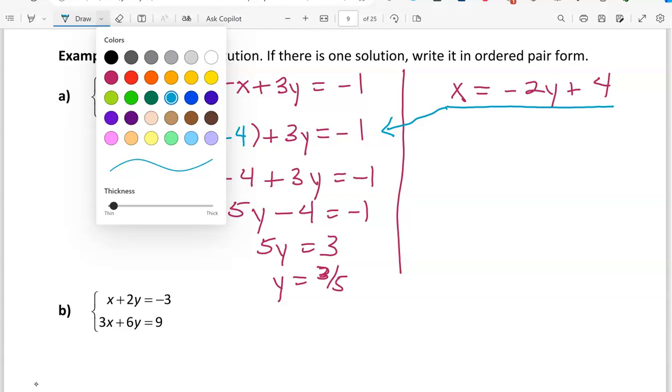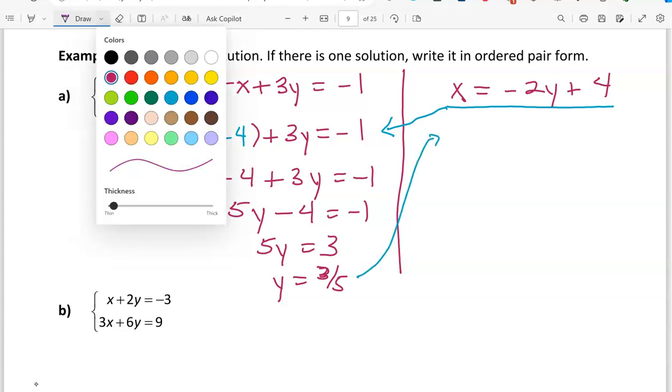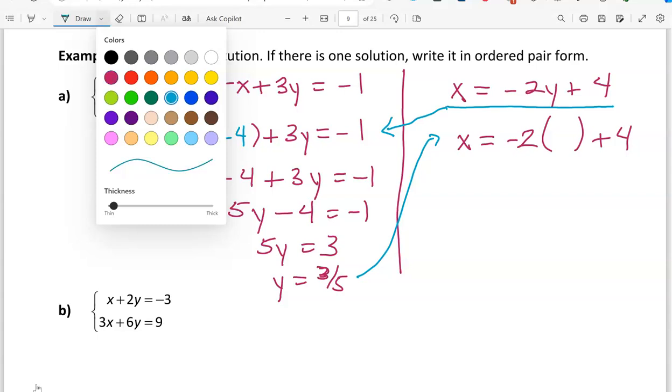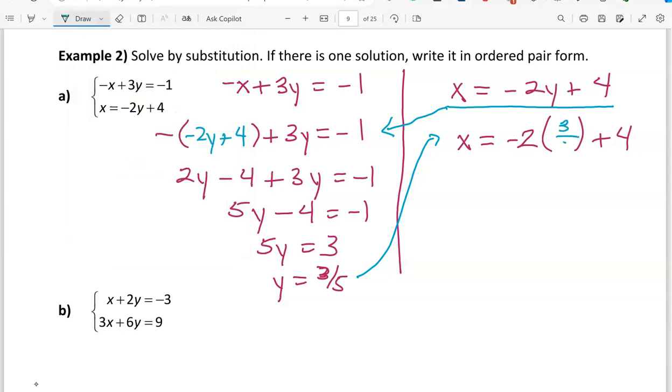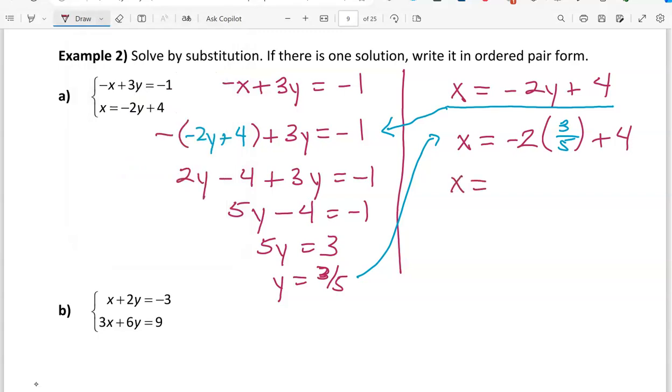And we're going to take that and go back into the other column and figure out what the x value is. x is equal to negative 2 times the y value plus 4. And now we know that the y value is 3/5. So negative 2 times 3/5 is negative 6/5.